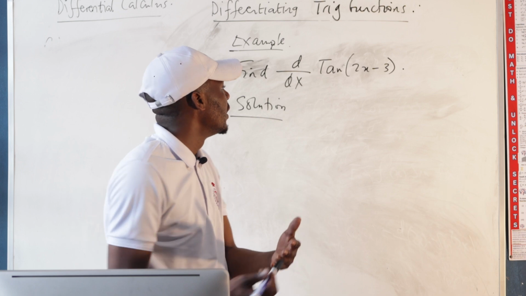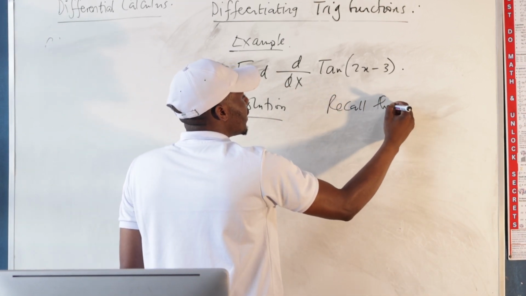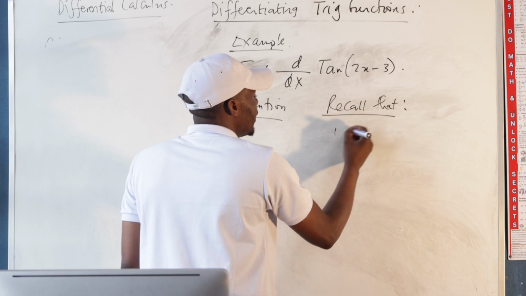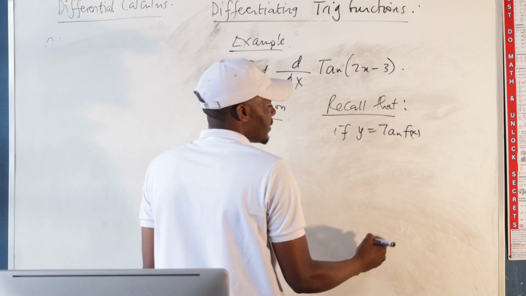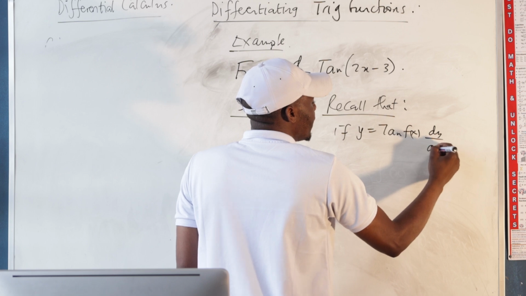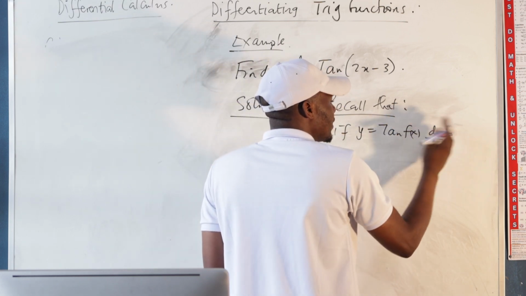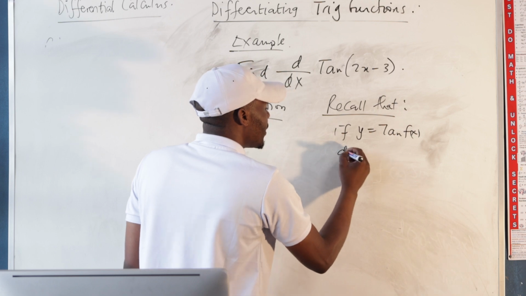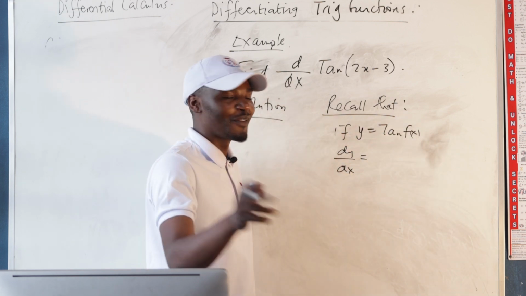This is quite interesting. What you need to do is recall that, using the chain rule, if y is equivalent to tan of f of x, to find dy/dx is very simple. You have to find the derivative of f of x.